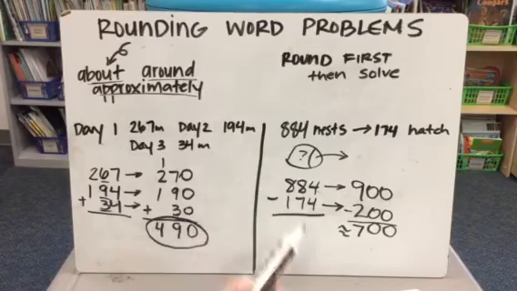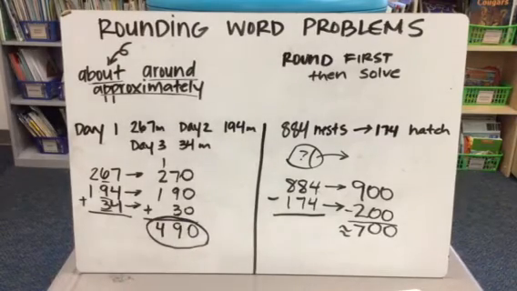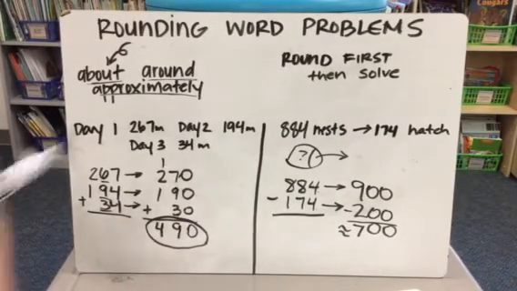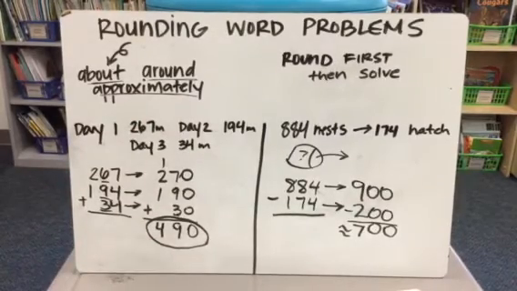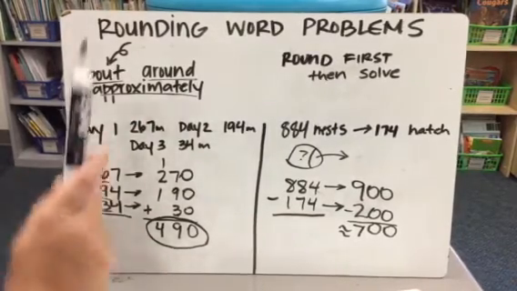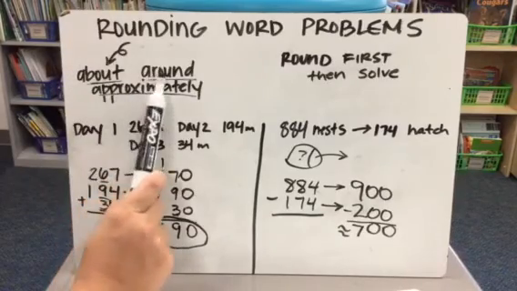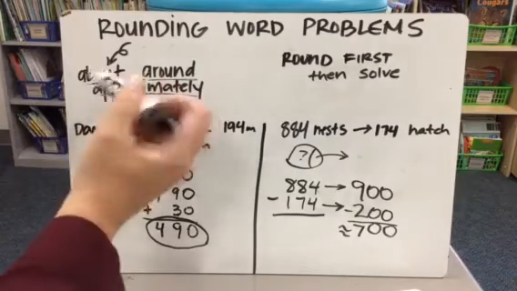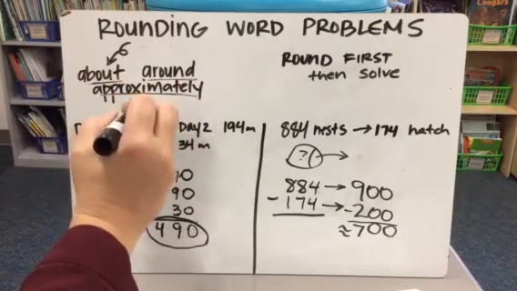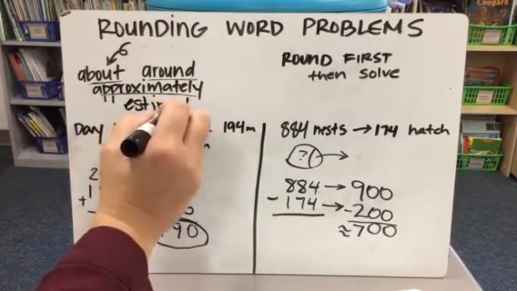These two examples are word problems that you might in real life have a conversation about. Oh, about 700 eggs still need to hatch. Oh, I drove about 490 miles. So remember, listen for these clue words: about, around, approximately, or estimate. That's another really good clue that you need to round.